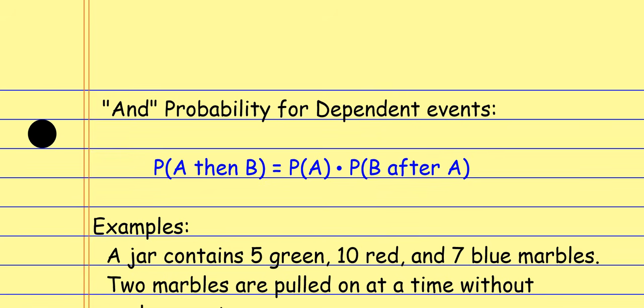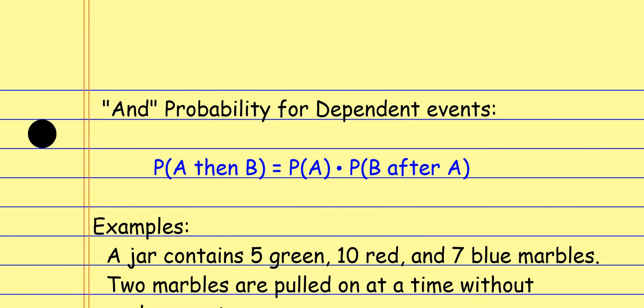Okay, it changes the possibilities in terms of the outcomes. See, the previous example, independent, they have no effect on one another, so I don't need to imagine what happened. Okay, but here, if they're dependent events, it means that the first event happening has a direct effect, a direct impact on what could happen for the second event. So I have to imagine that that first thing has happened.